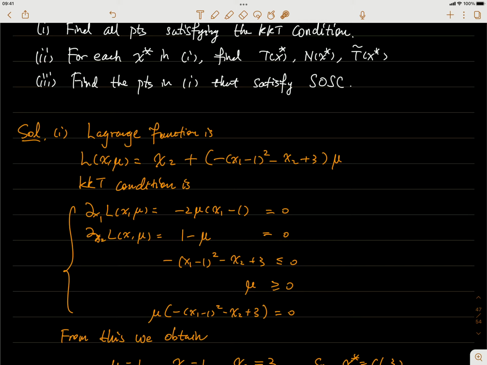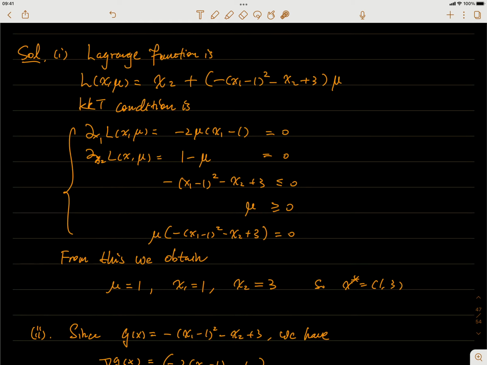For the partial derivative with respect to x1, we get this and set it to 0. The partial derivative with respect to x2, we get this and set it to 0 as well. This one is essentially just the original inequality constraint, g of x less than or equal to 0. This is the non-negativity requirement for mu, the KKT multiplier. The last one is the complementary slackness condition.